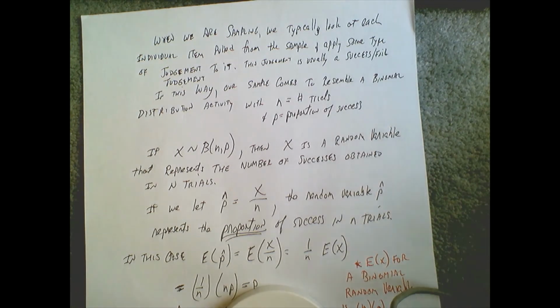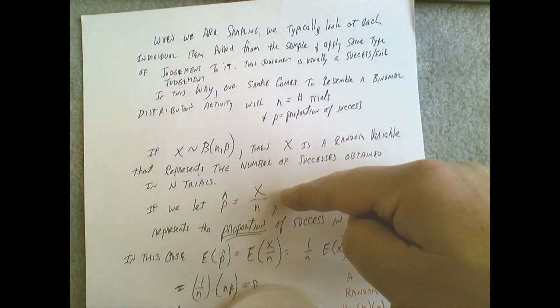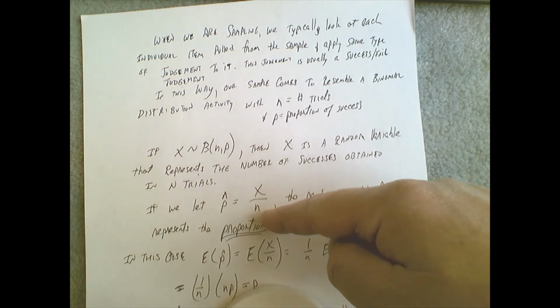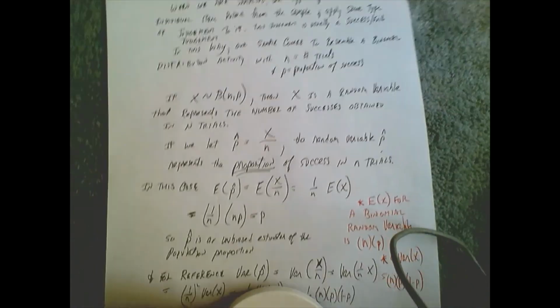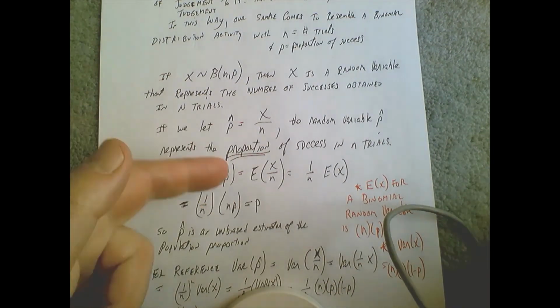We would have 5 divided by 15. Our proportion in this case is nothing more than 1/3. So we can take a binomial random variable x and quickly, by dividing it by n, turn it into a sample proportion.